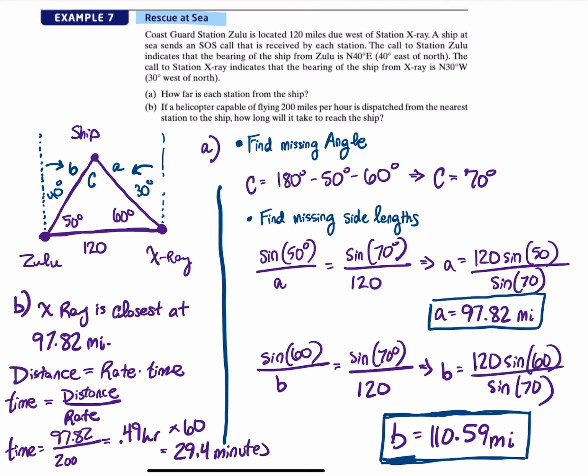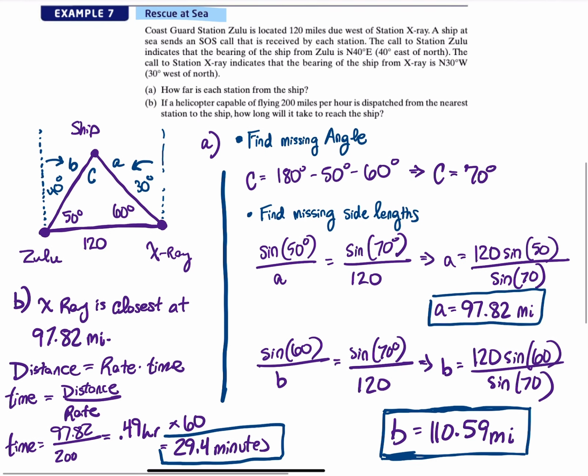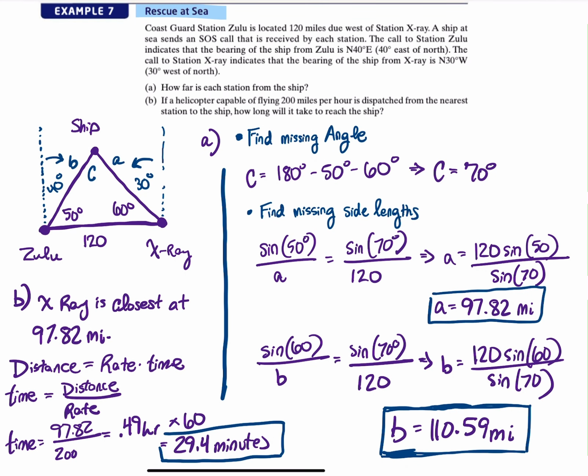That's how long it would take for this helicopter going 200 miles an hour to travel from this closest station to where the ship is. So pretty cool use of the law of sines involving this non-right triangle to solve some missing side lengths, but in the context of this rescue at sea.